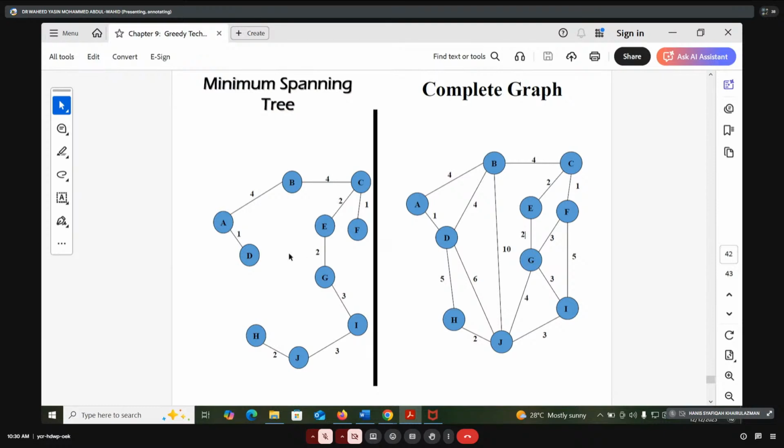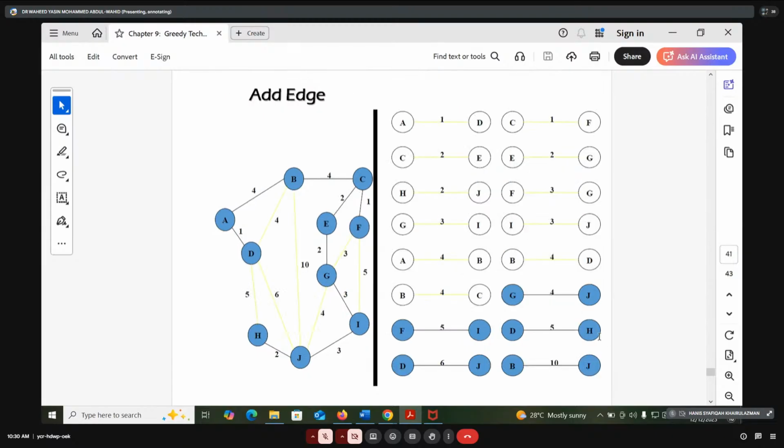Okay, I notice that I have already visited all the nodes, and the rest of the links will make a cycle. So GJ will be a cycle. Yes, it will be a cycle here. FI, it will be a cycle here. DH, it will be a very long cycle here.